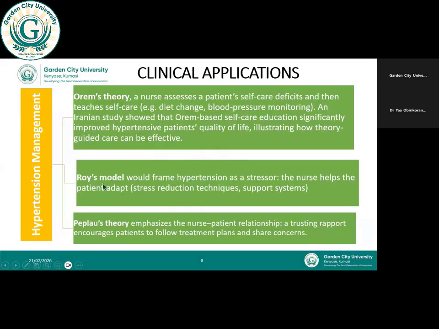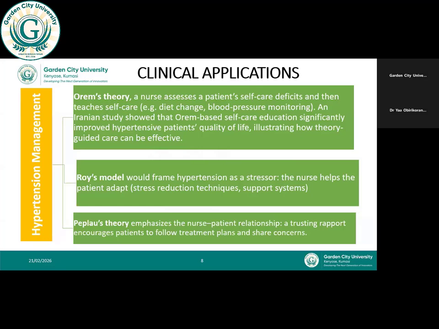Now, if you pick Roy's adaptation model, Roy says there are stresses in this life. And what nurses can do is to help the patient adapt to the stresses. Okay, that is what her theory is about.